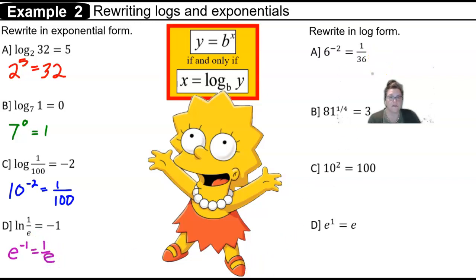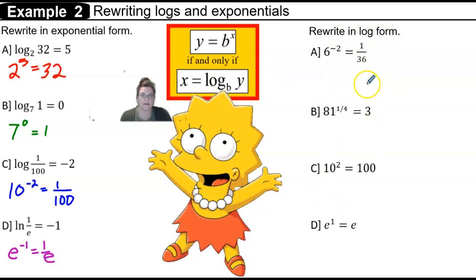Okay, now we're going to do that in reverse, where we rewrite these exponential equations in logarithmic form. So here we have 6 to the -2 equals 1 over 36.